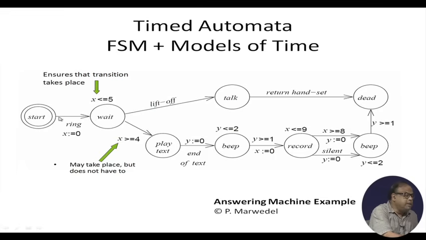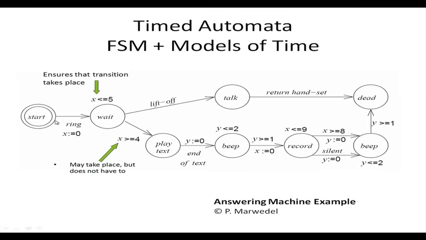Now, when this ring starts, x is a variable that is denoting time, and whenever the event starts, this x is reset. So, here x is 0 and the clock is ticking. Setting x to 0 is just like an action on the event ring, and I come to the wait state.